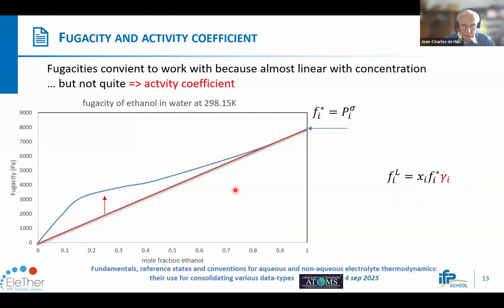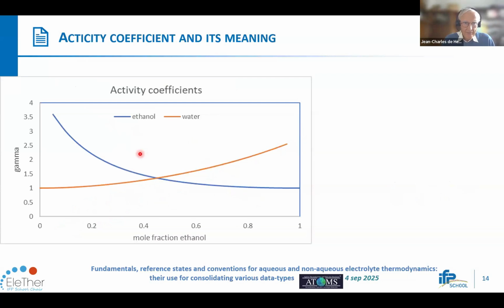Here you have the fugacity of ethanol and water. You have an activity coefficient that is larger than 1, which essentially means that ethanol doesn't like to be in water. So you end up with activity coefficients that behave in the way shown here. For example, this is typically the solvent mixture I'm looking at, an ethanol-water mixture.